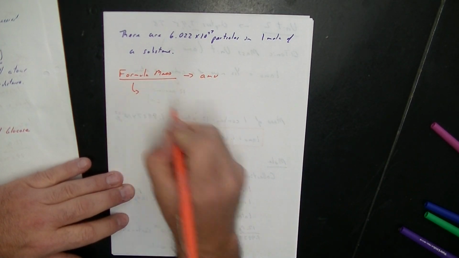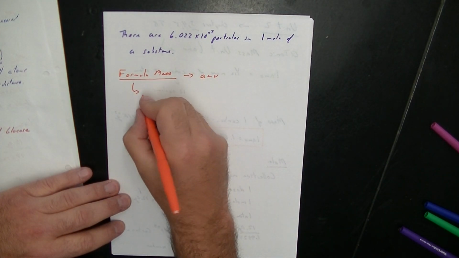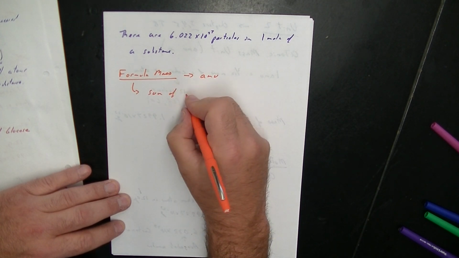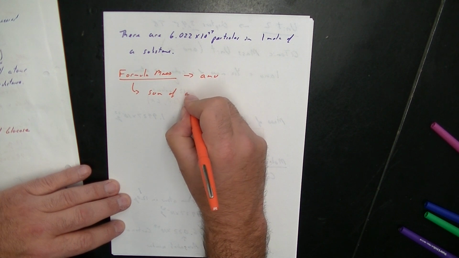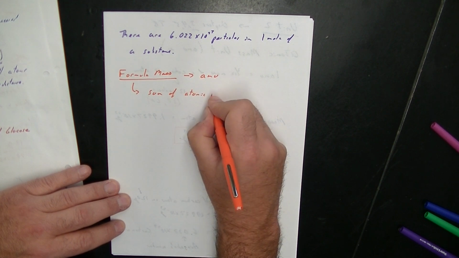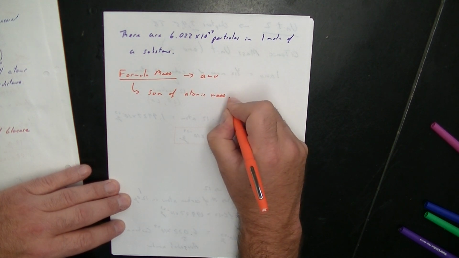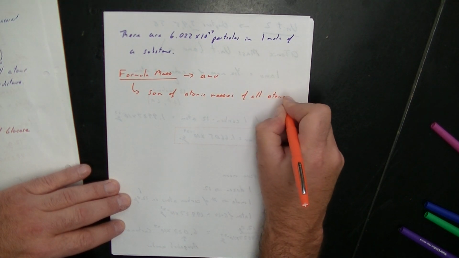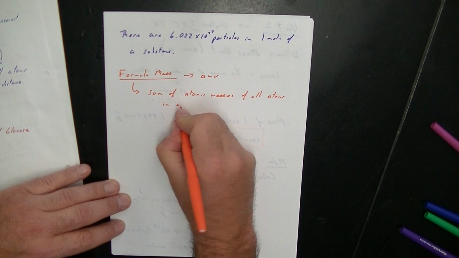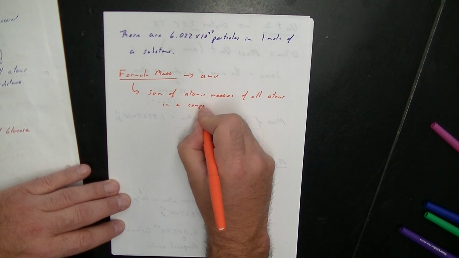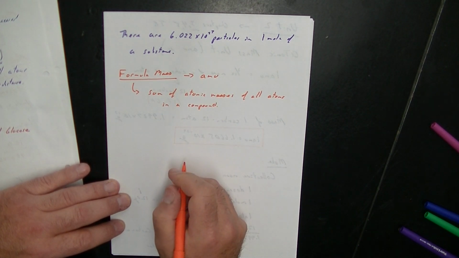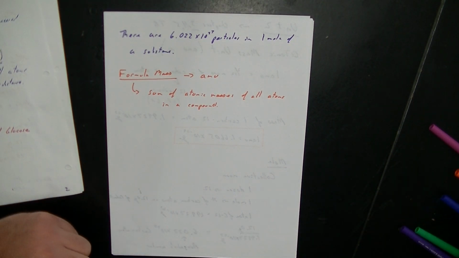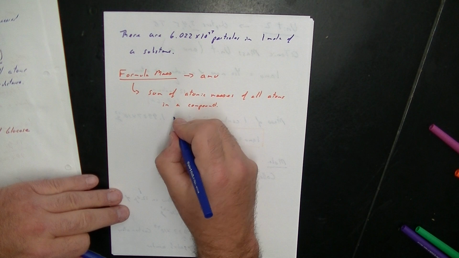So when we're talking about formula mass, we're talking about the sum of atomic masses of all atoms in a compound. So when we're doing formula mass, you can round to the nearest hundredth.